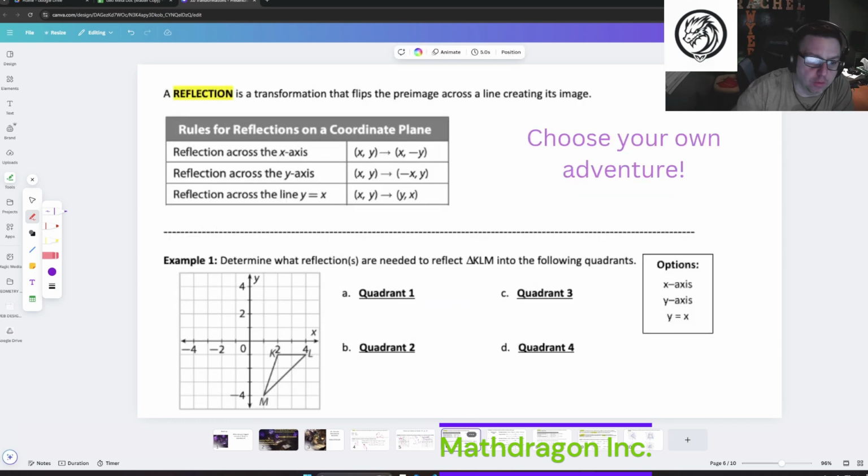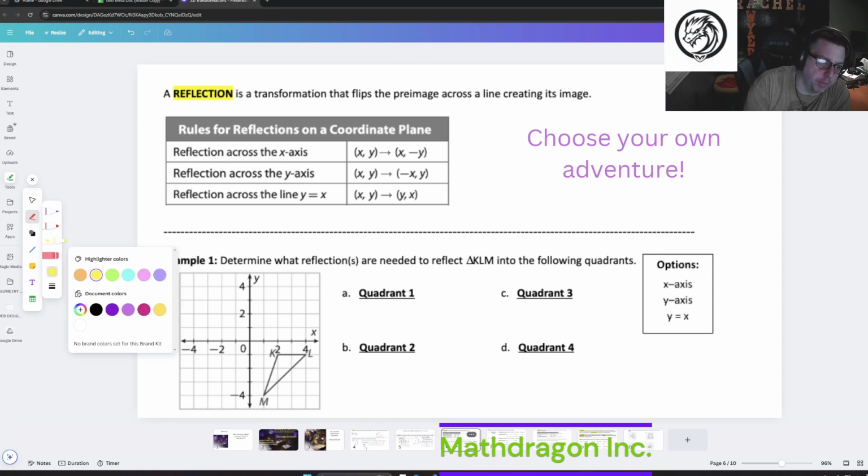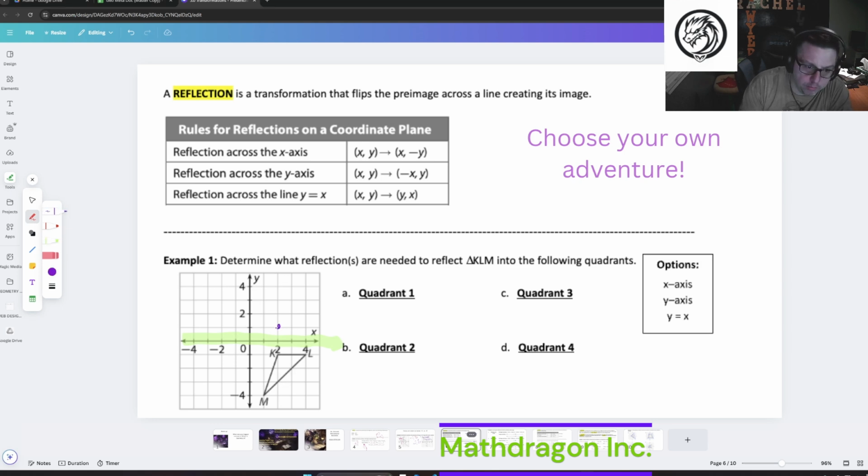So, for our reflections, choose your own adventure. We can either do it by learning the rules, which you can very well do, but I just want you to think about, what if we were to flip it over, or fold it over that green line? Well, then K comes here, and we call it K prime.